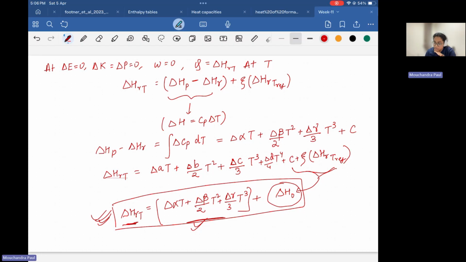Now here the thing is, we cannot directly use this expression because here the extent of the reaction is not going to be 1.